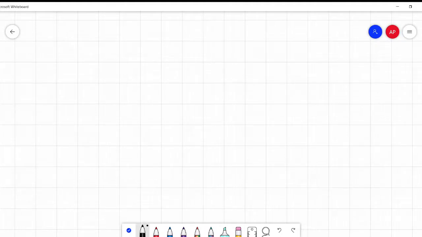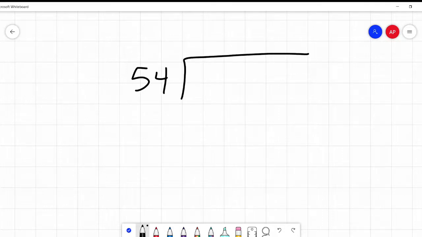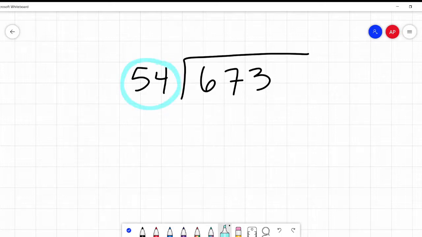All right, so what if I had something like, say, I'm picking random numbers, so who knows how this is going to turn out. 54 into 673. Same process, even though we have a bigger number. I use the whole number 54 and say, does it go into 6? No. Does it go into 67?